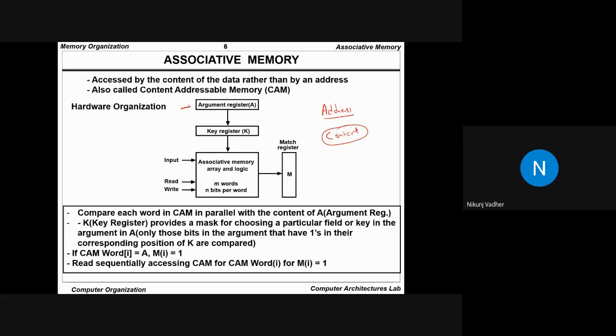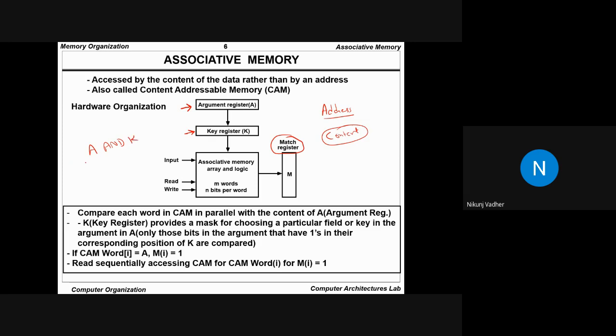We will have an argument register, a key register, and then an associative memory logic, and here we will have a match register. How will this work? An AND operation of A and K will be done.